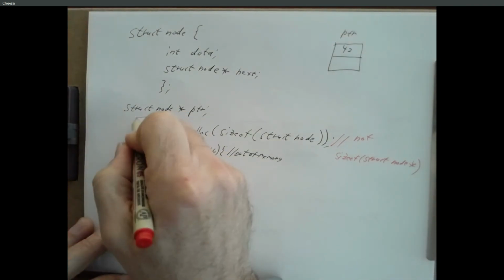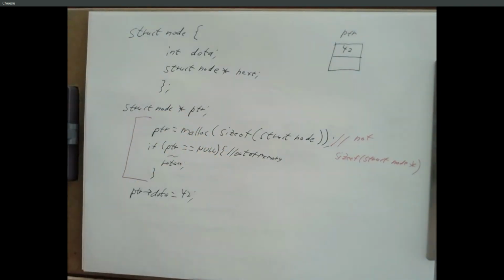Now what happens if we don't do this first? If we don't set pointer equal to malloc and we just say pointer arrow data equals something, what's going to happen? Say struct node star pointer and then pointer arrow data equals 42. Gonna set the data field of pointer to 42.